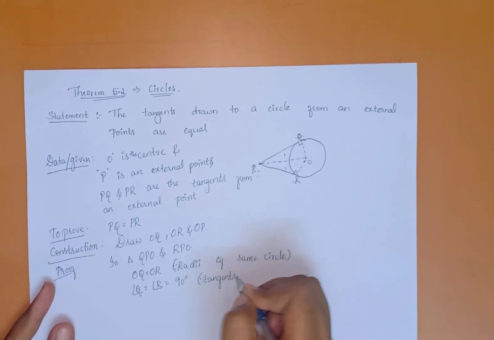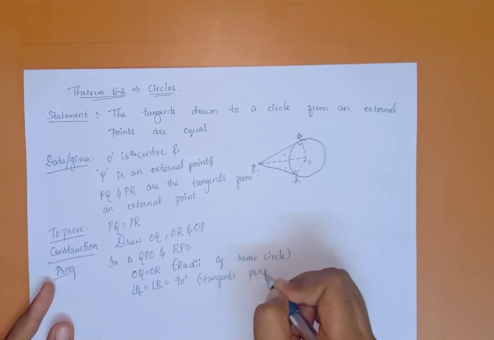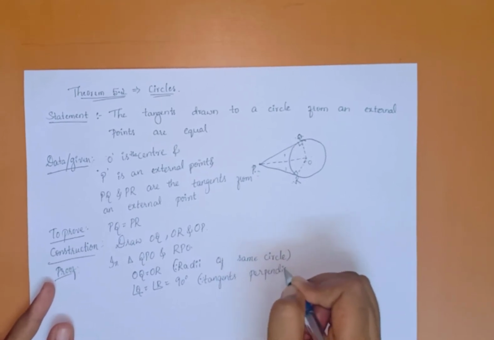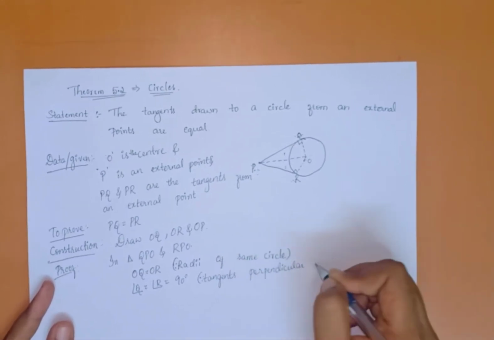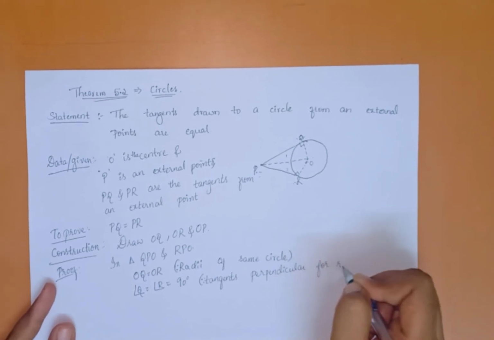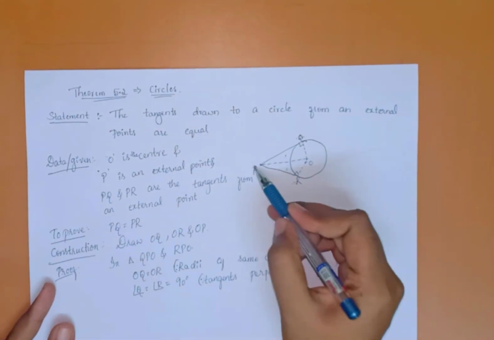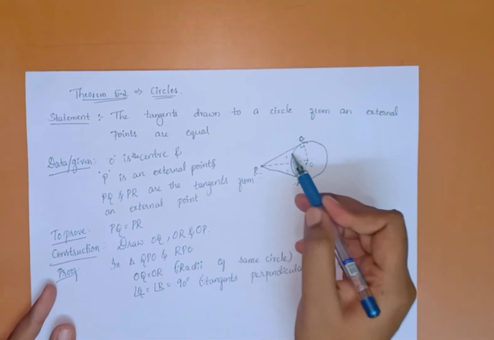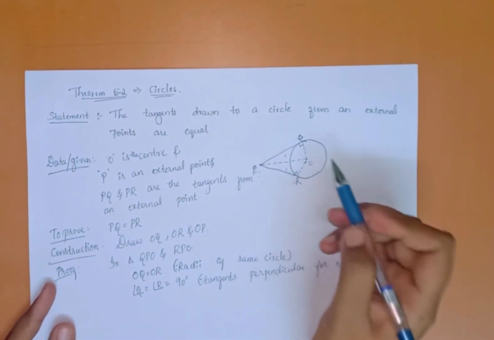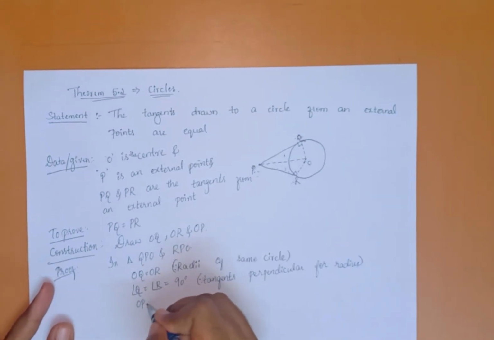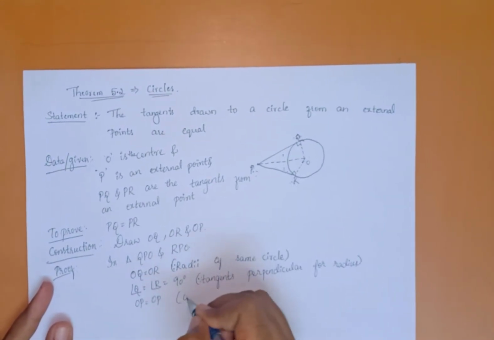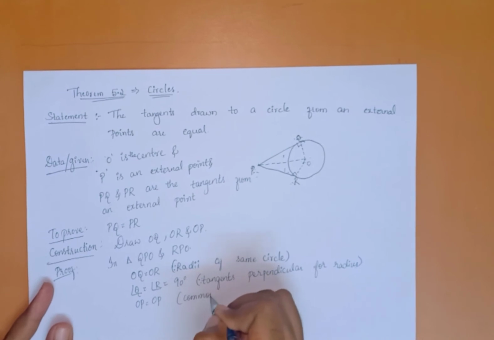Tangent is perpendicular to the radius. Next, the common side: for the two triangles we have the side OP as common. Therefore OP is equal to OP, because it's a common side.